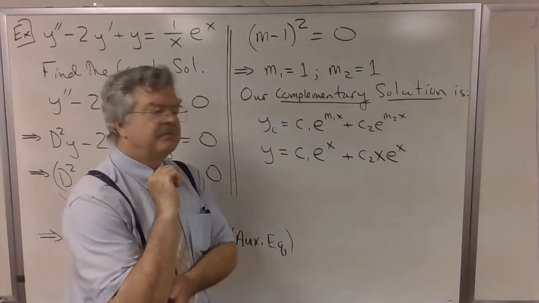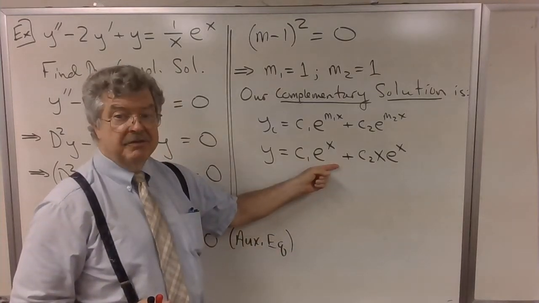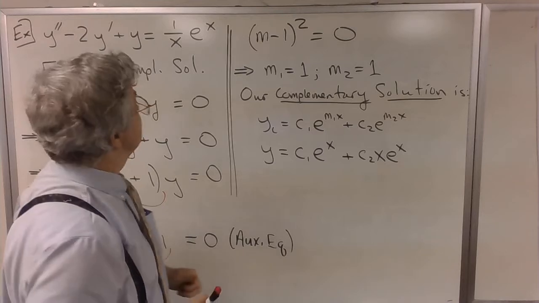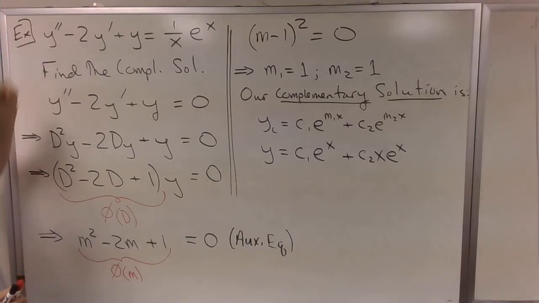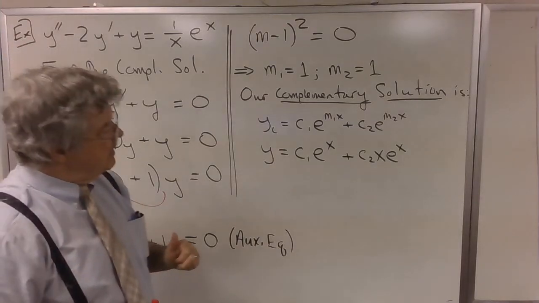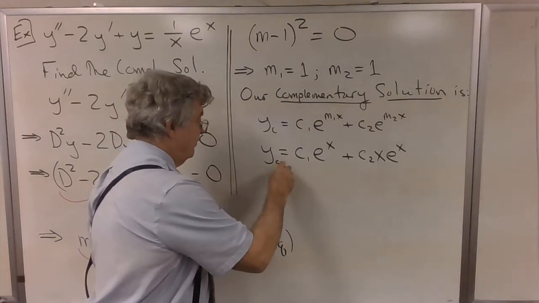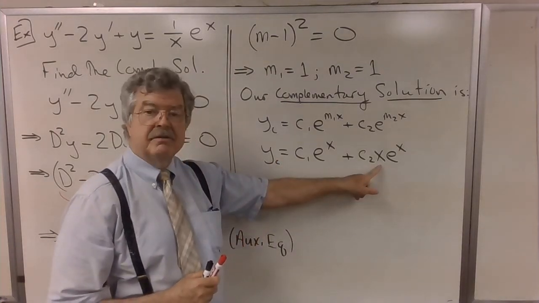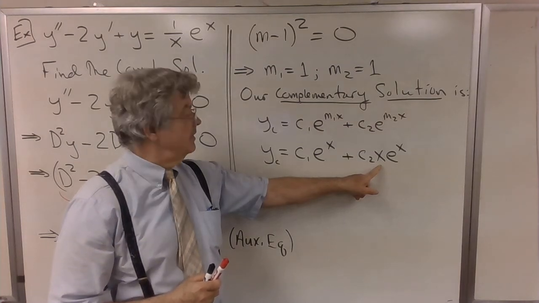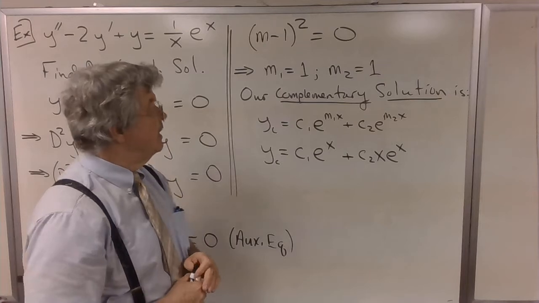Now, we have the complementary solution. And since we started out with a differential equation of order 2, we expect to have a complementary solution that has two independent solutions, e to the x and x e to the x.